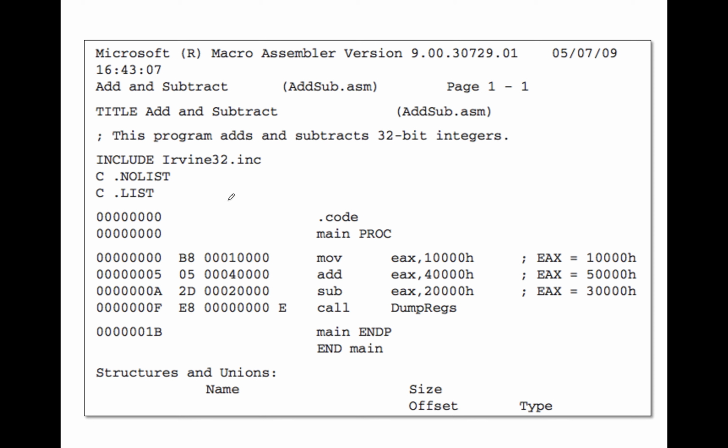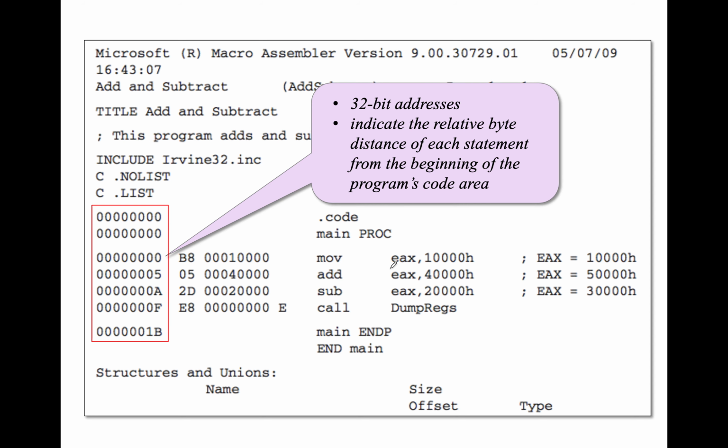Whenever you have your source code, you're going to start with your .code, and then you start your instructions after your main program. You can see over here, on the most left, it is the 32-bit addresses. 1, 2, 3, 4, 5, 6, 7, 8. So you have 32-bit addresses.